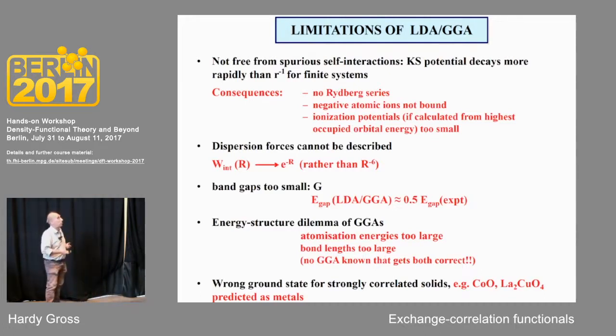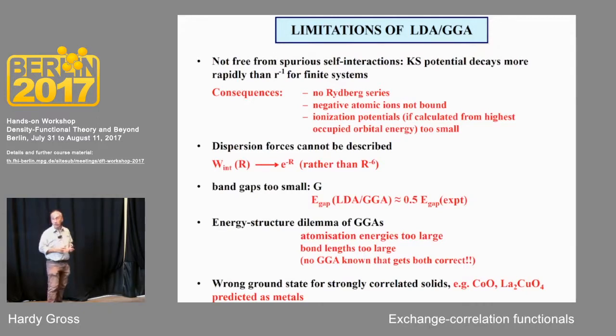And this so-called self-interaction error has a number of consequences. Like for finite systems, there are no Rydberg states, no Rydberg series. Negative atomic ions typically are not bound. So small, very small systems, negative ions are not bound. This is because the asymptotic form of LDAs and GGAs is such that it does not decrease correctly as 1 over r.